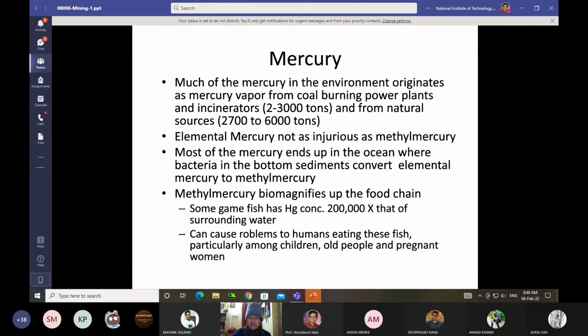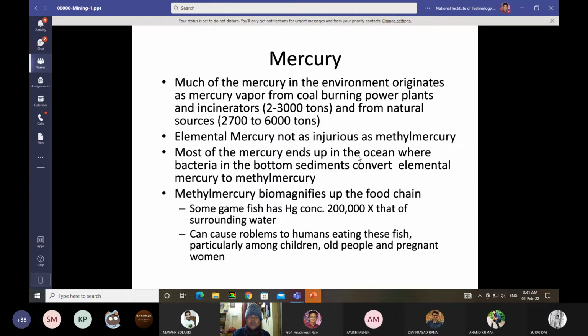It is a very toxic metal, mercury. So much of the mercury in the environment originates as mercury vapor from coal burning power plants, and elemental mercury is not as injurious as methyl mercury.